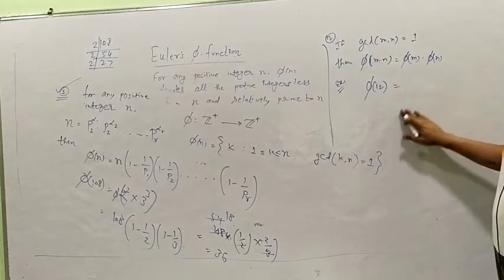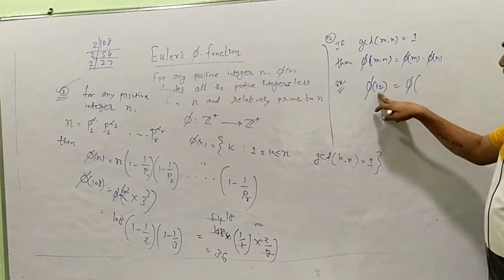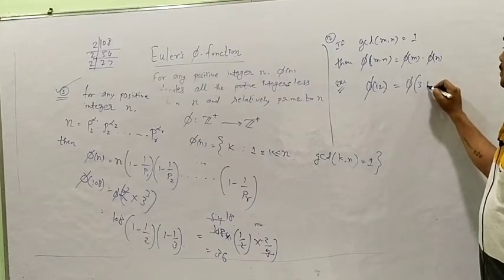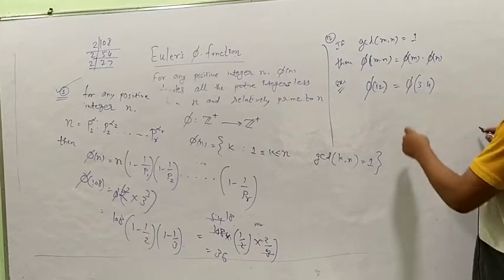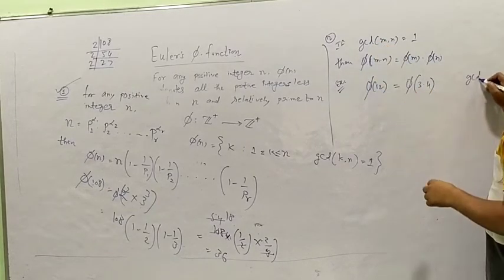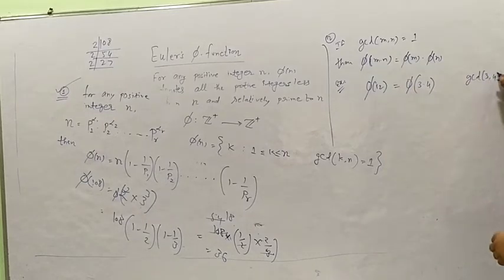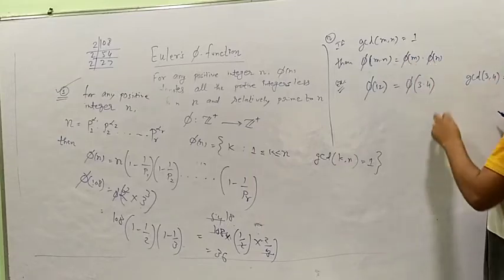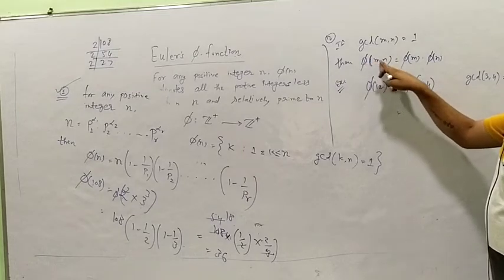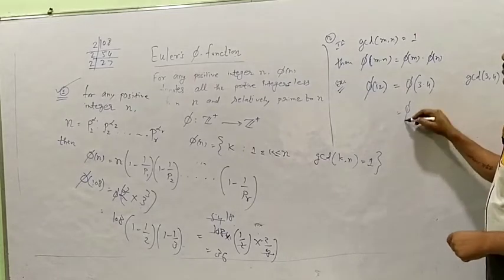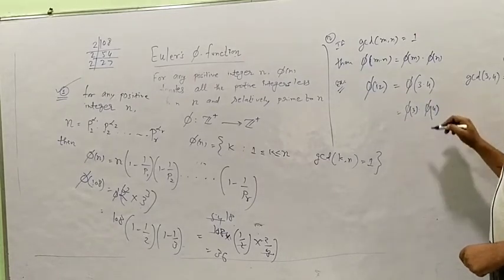We can write 12 as 3 into 4, and we see that GCD of 3 and 4 is 1. So we apply this formula, phi of m into n is equal to phi m into phi n. Therefore phi of 3 into 4 is equal to phi 3 phi 4.